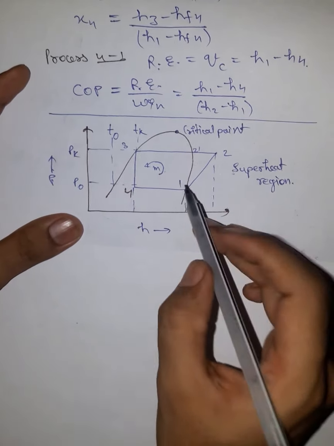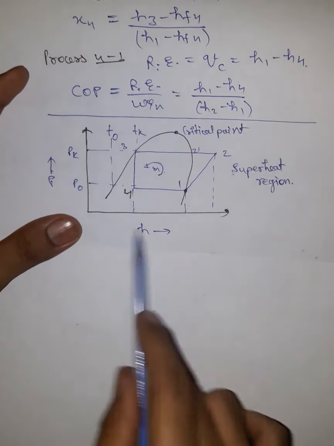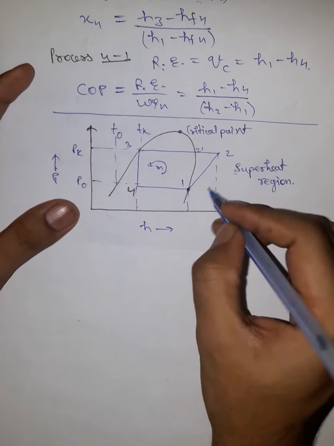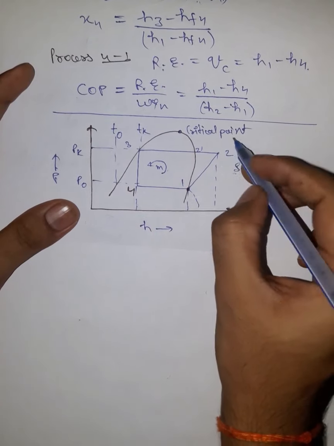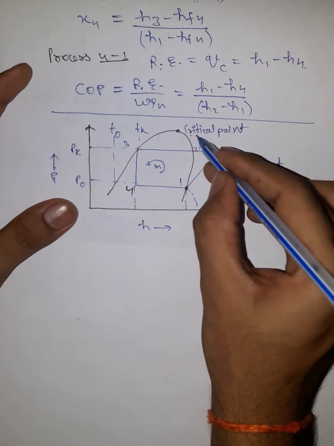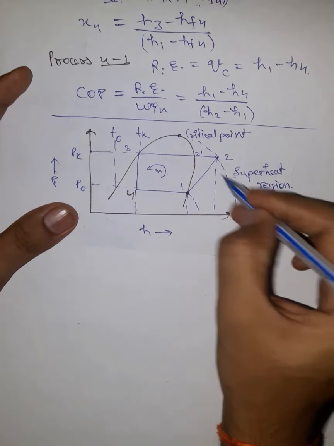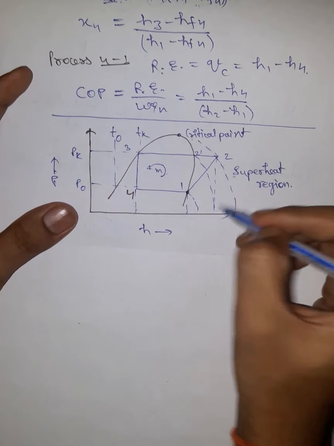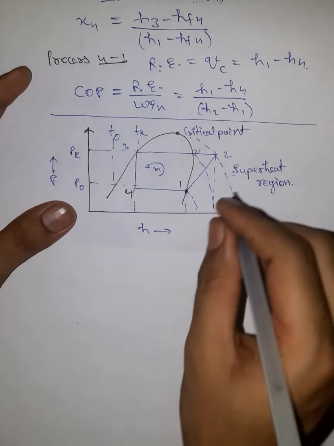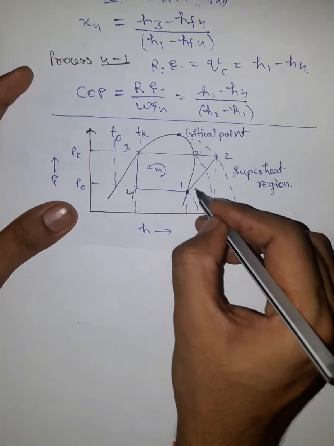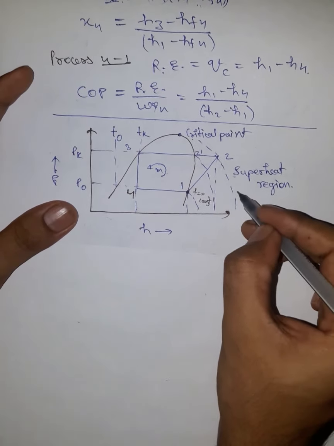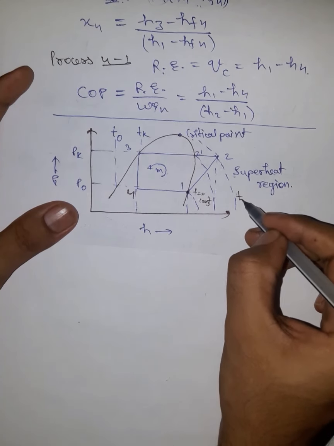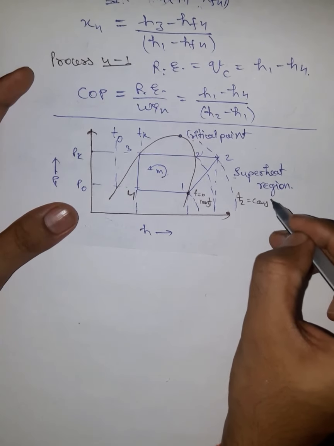Now one interesting thing over here is that in the ph diagram the constant temperature lines in the superheated region are like this, and let us say like this and like this. So these are circular arcs in the superheated region. This is T naught equals constant, and this is T2 equals constant.